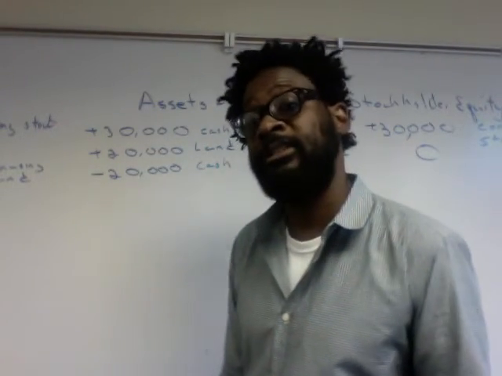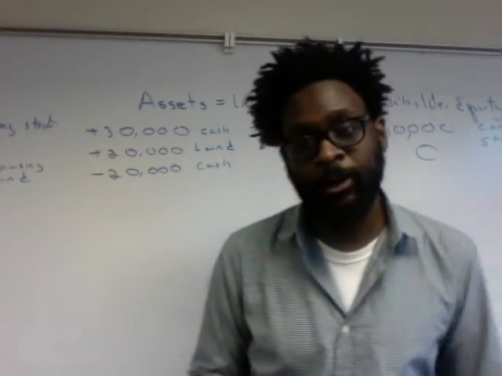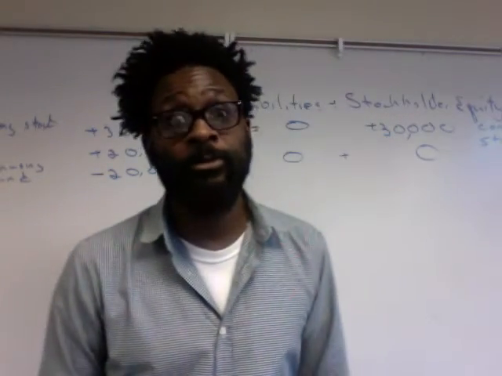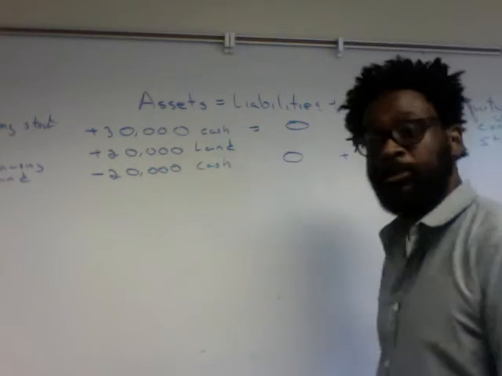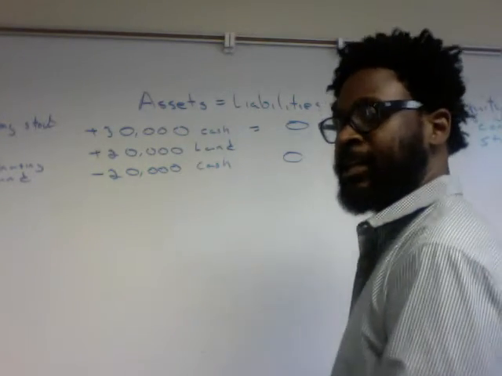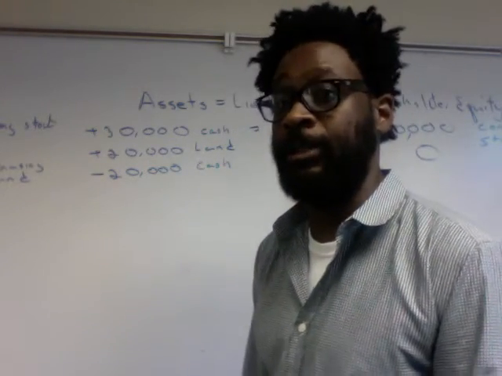Okay, so we purchased supplies on account. Keywords: account. And the other keyword was supplies. Why? Because we know supplies falls in what category? Assets. Supplies are assets. And since we bought the supplies, what are the supplies doing in the company?